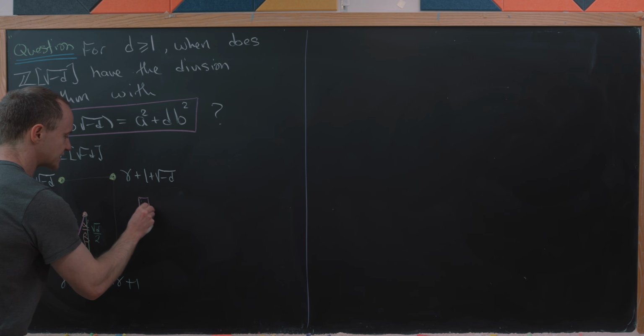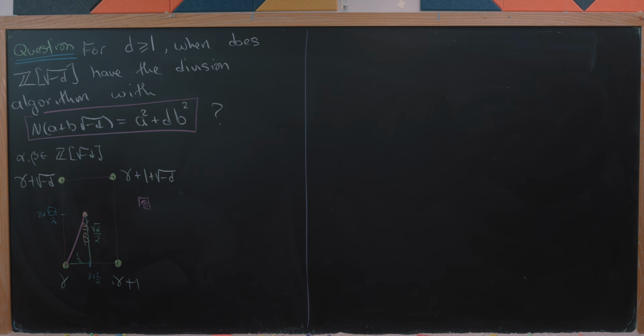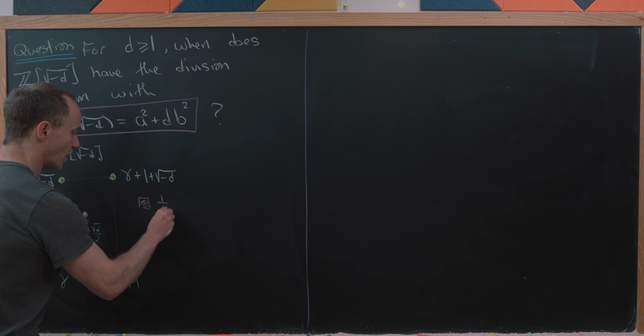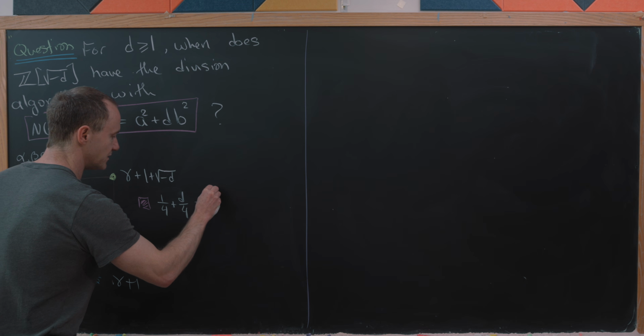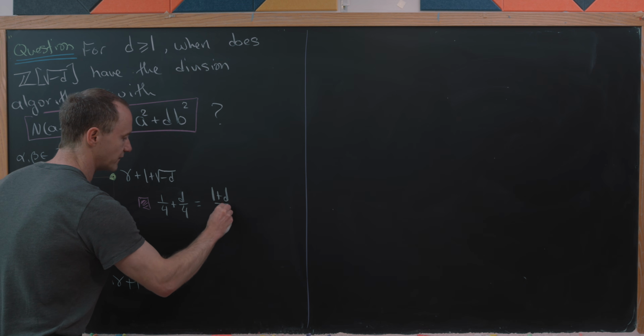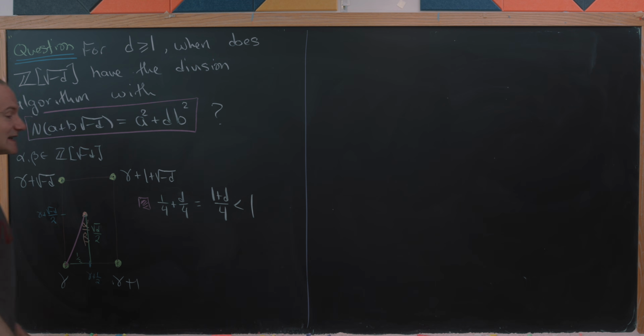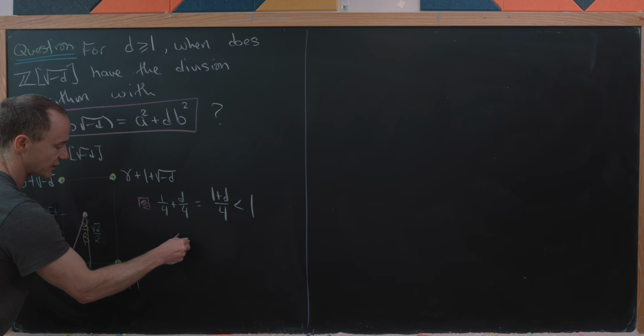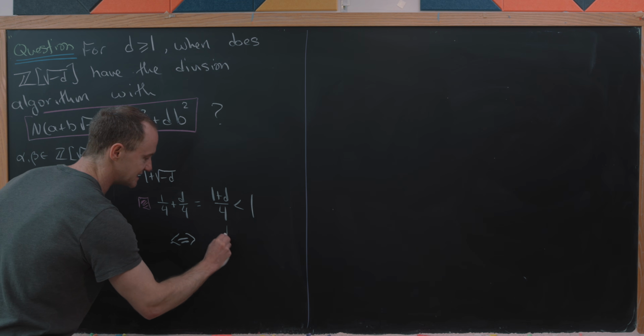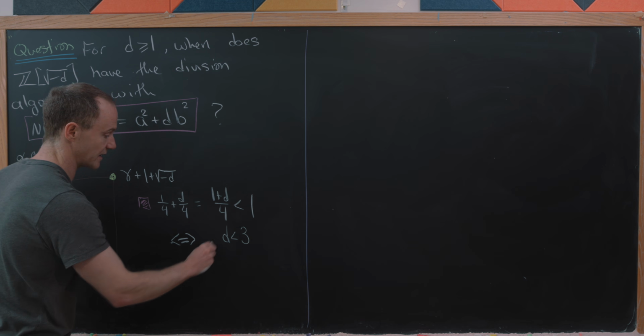In other words, we need the square of that hypotenuse to be less than 1. We can calculate the square of the length of the hypotenuse pretty easily. That's going to be 1/4 plus d over 4, in other words, (1 plus d) over 4. Like I said, we need that to be less than 1, which via a pretty simple calculation means that d is less than 3.